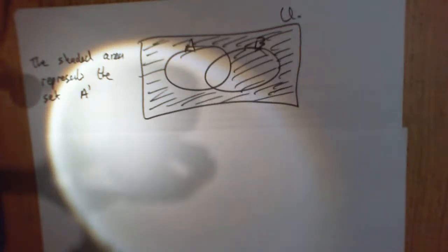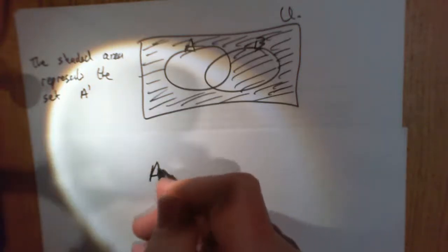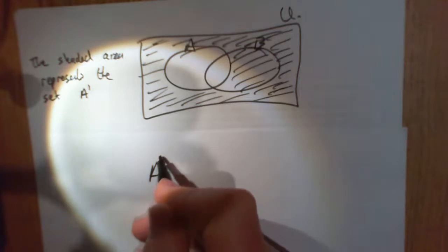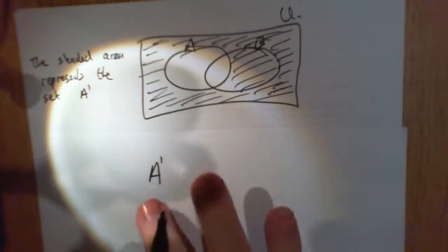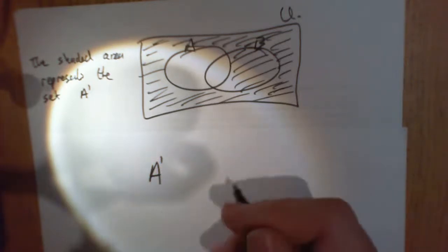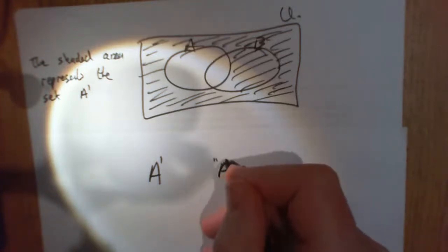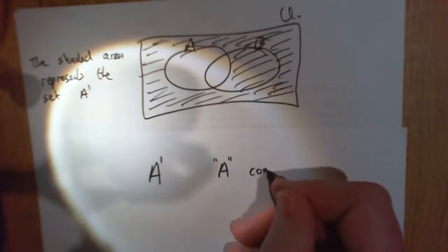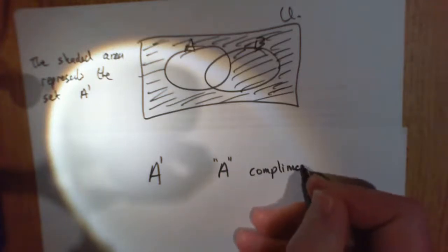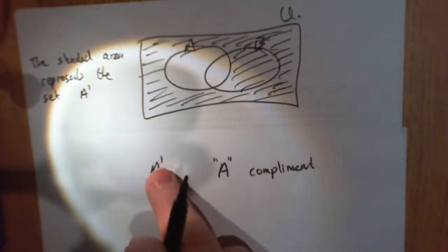Now, just one little thing. That symbol, for example, I'll use not A, A complement. If somebody asks you what that means, in terms of words, it means A complement. That's what it actually means in maths.